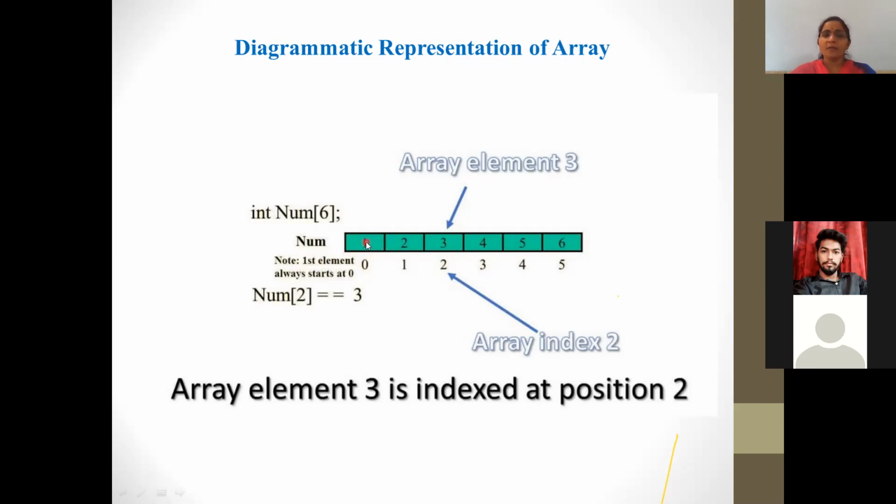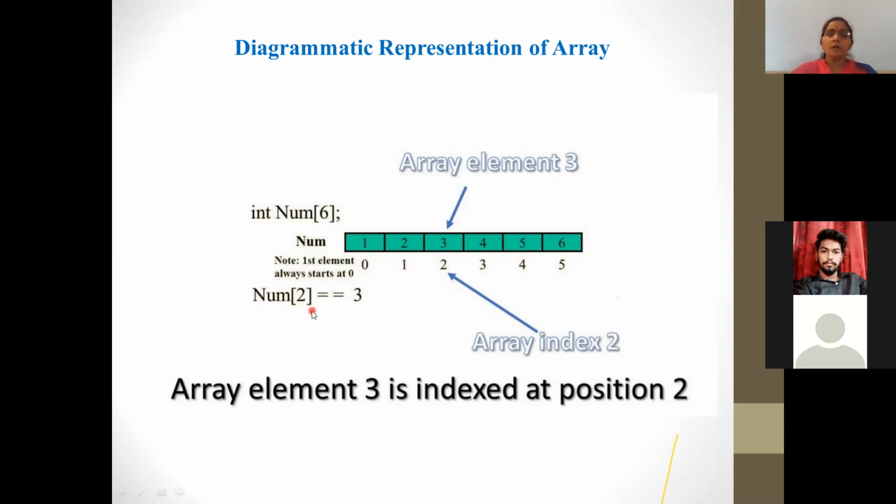That's why the value 1 is stored at the zeroth location, 2 is stored at the first location, 3 is stored at the second location, and similarly. This question is often asked as an MCQ, so you must remember that the first element always starts at the zeroth location.